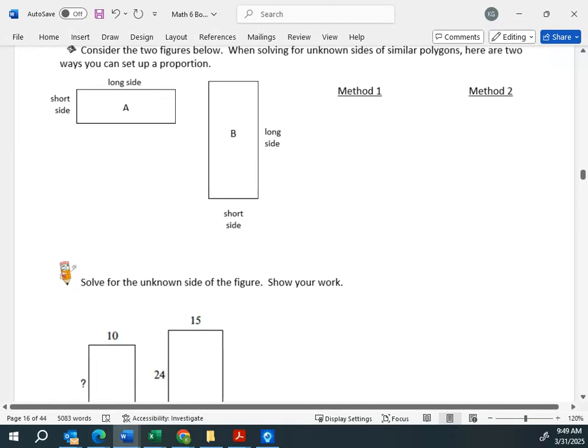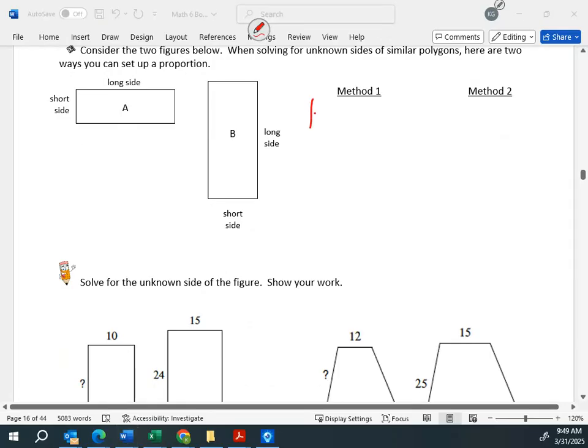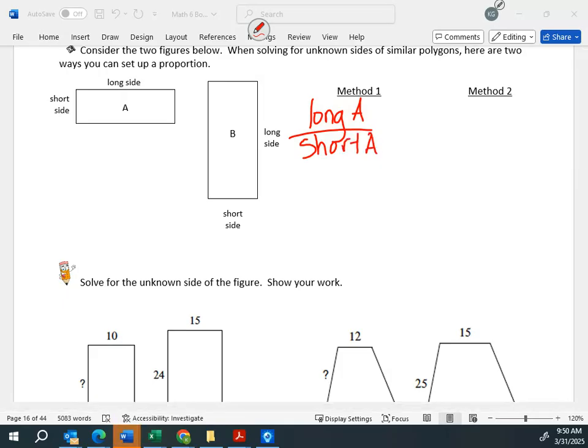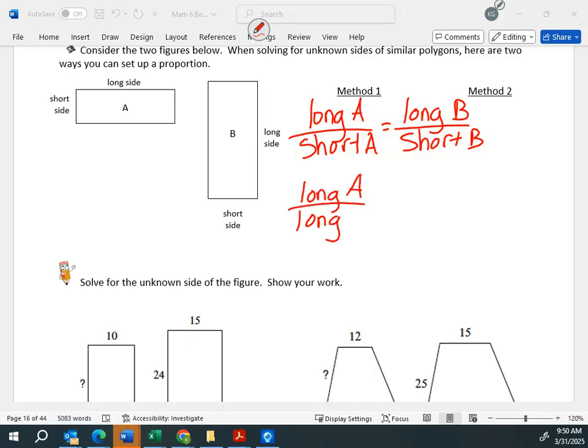So remember our methods: you could do long A over short A equals long B over short B. Or you could do long A over long B equals short A over short B.